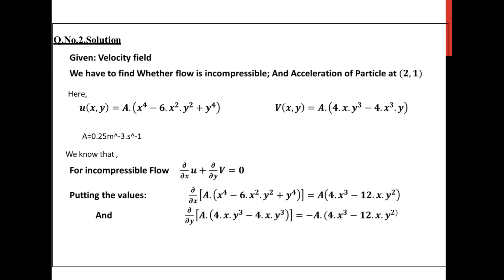Combining these two in this equation, we get plus and minus, so both cancel and it equals 0. That means this velocity field is an incompressible flow field.